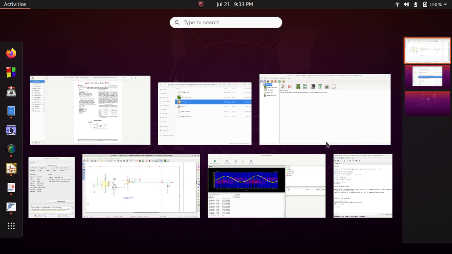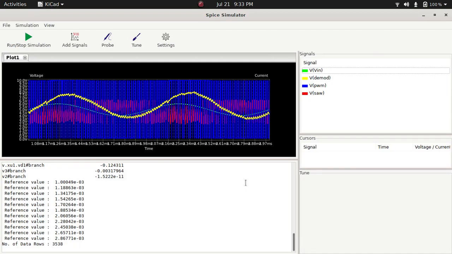So I have all those waveforms available here. The green one is the sinusoidal input signal, and the red one is the Sawtooth waveform. The blue one is the PWM signal, and the yellow one is the demodulated signal.